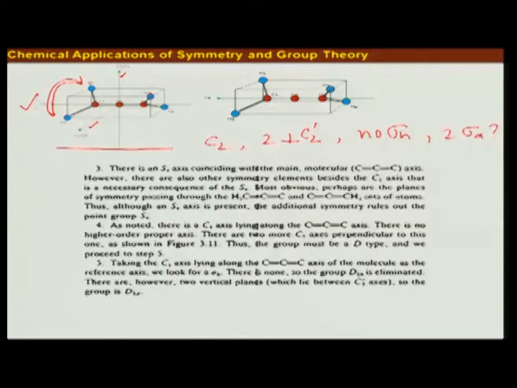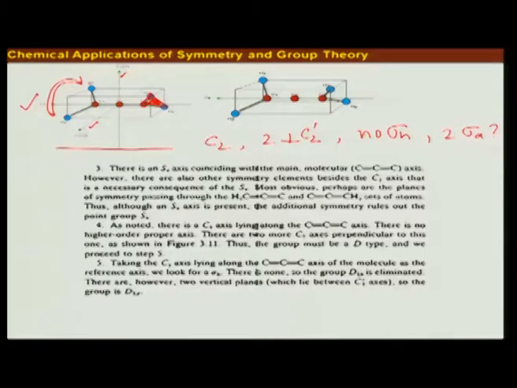Why? If you take this plane, this will cut this H1 C1 H2 bond into half, and also this C1 and C2.